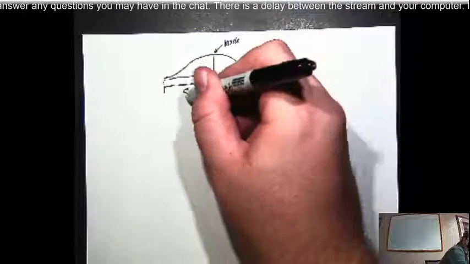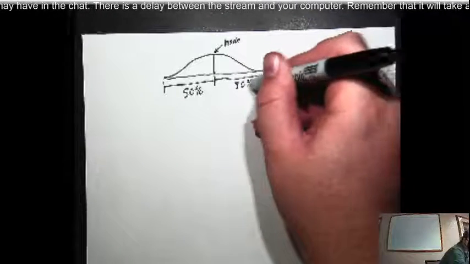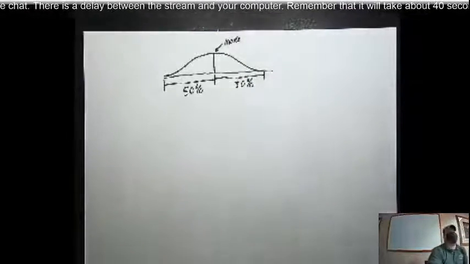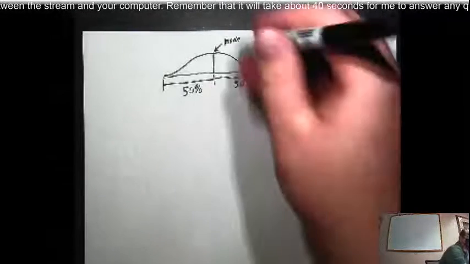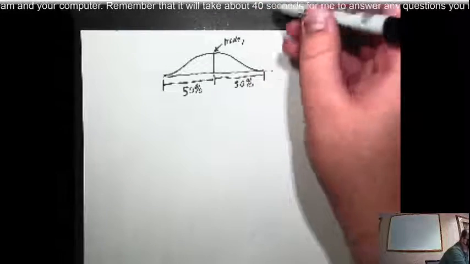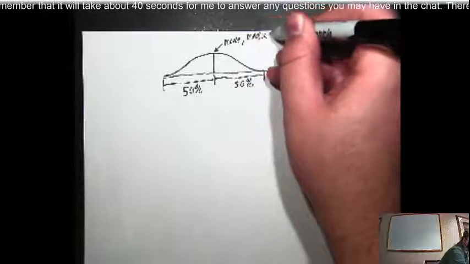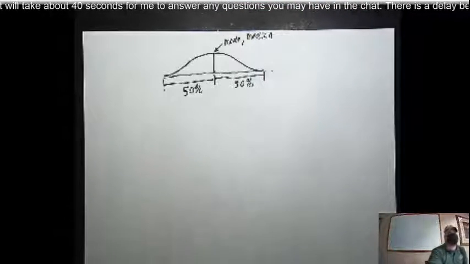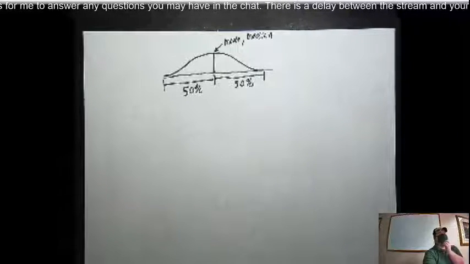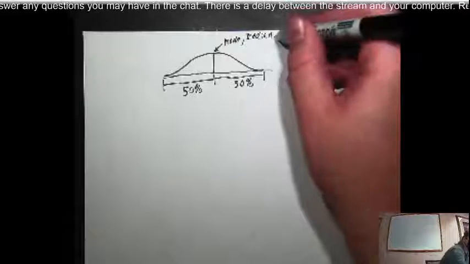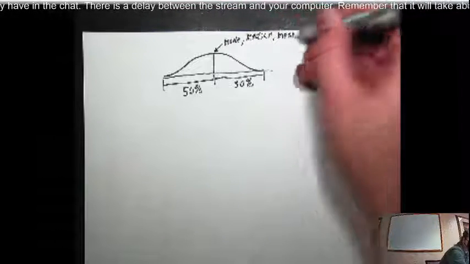So 50% of our data is on this side and 50% of our data is on this side. Which means that since it's splitting it equally, this is the exact middle. Well, the exact middle of our data would be the median. And finally, if the mode and median are right there smack dab in the middle and the same, then this is also our mean, our average.